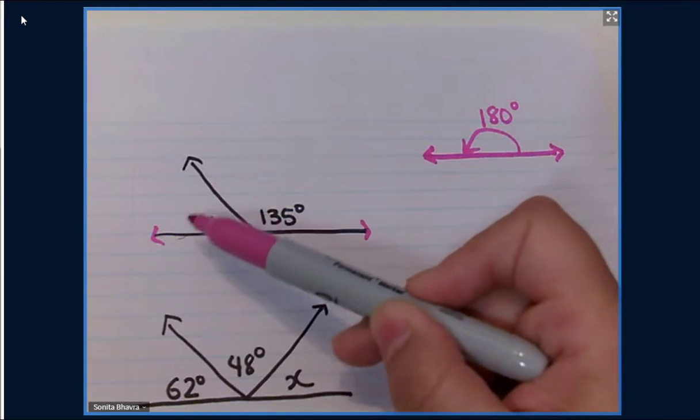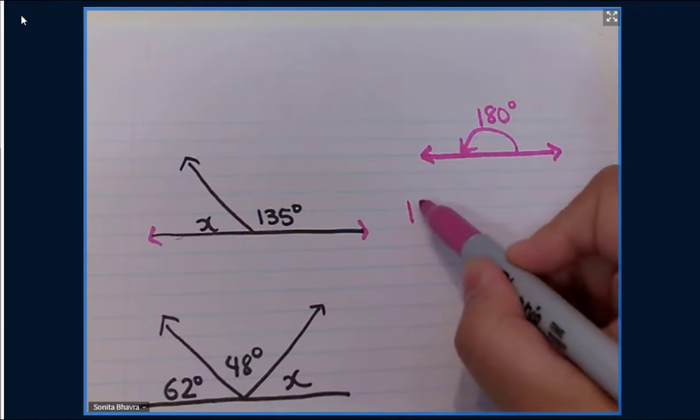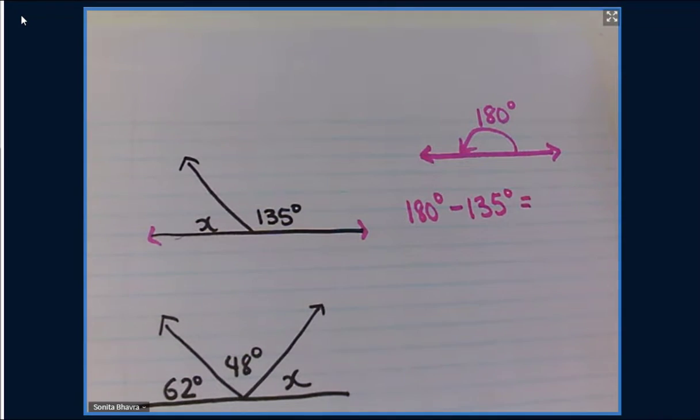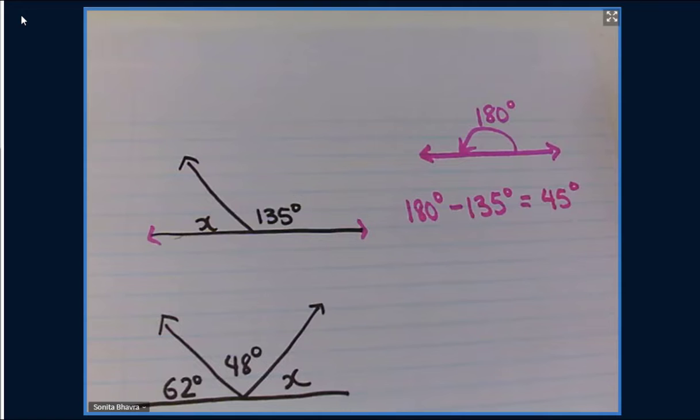So we can easily determine angle X by taking 180 degrees, subtract 135 degrees to give us the answer of 45 degrees. All right, so very important to remember those special angles we had talked about last class.